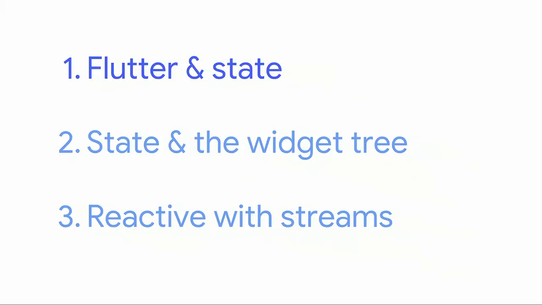So we're going to take you on a journey. Firstly, we're going to look at the foundations of Flutter and state to show you the basis of how things work. What we're going to do then is we're going to explore how state and the widget tree can be married together. And thirdly, we're going to look at how you can use Flutter streams to elegantly manage state in your app. Now, at each of these, we're going to do some live coding. And clearly, nothing's going to go wrong.